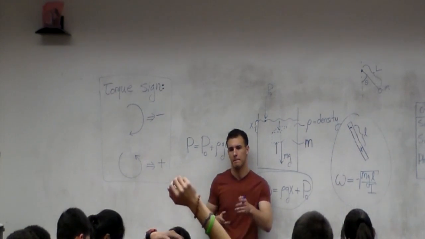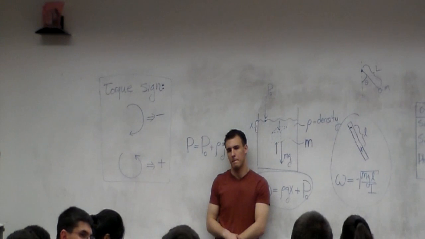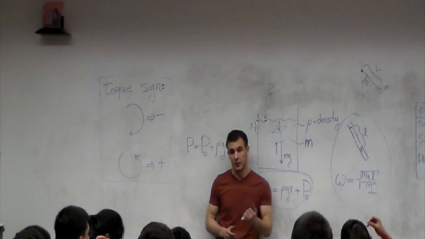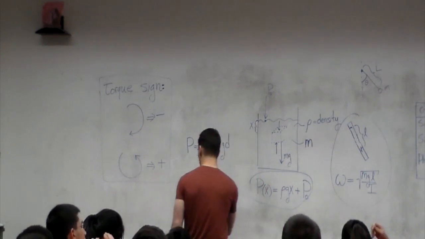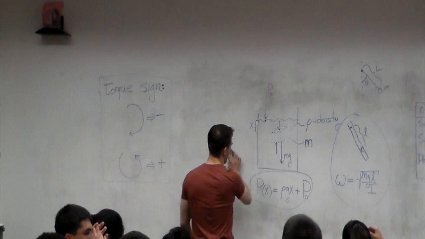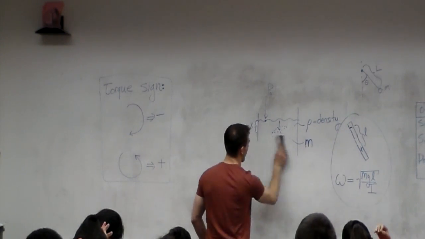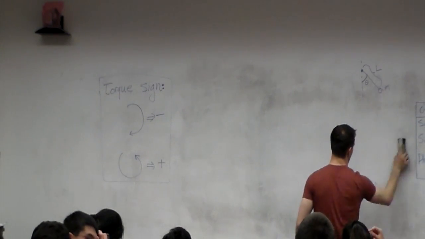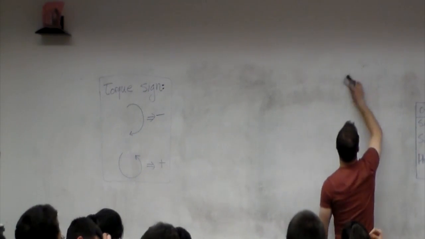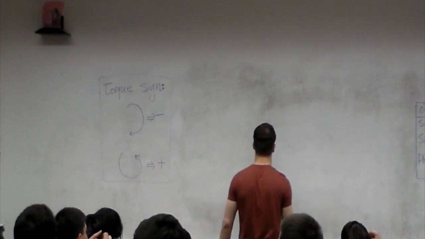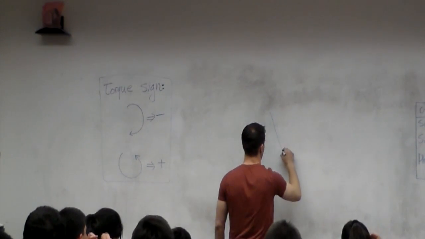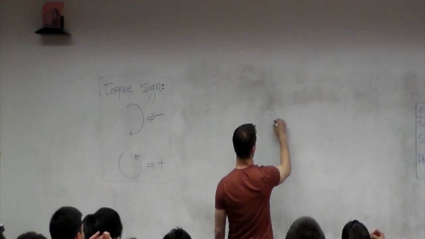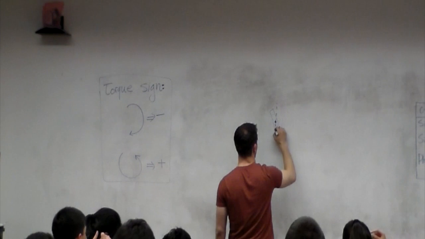Did you do the last problem from the last quiz? Yeah, it's the physical pendulum. So if you recall, the moment of inertia about the pivot point, which was 1/3 of the way from the end of the rod, I about this point. We had something that looked maybe like this, and here's the pivot.